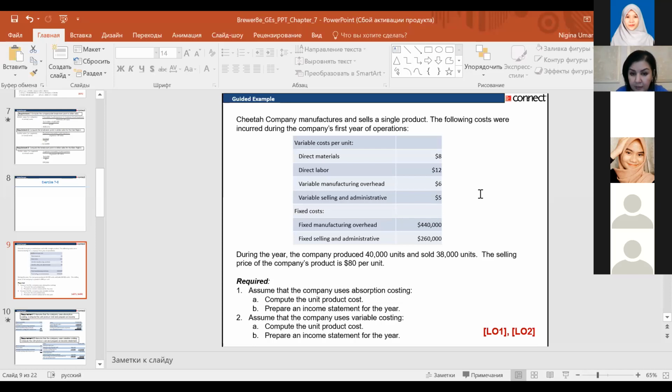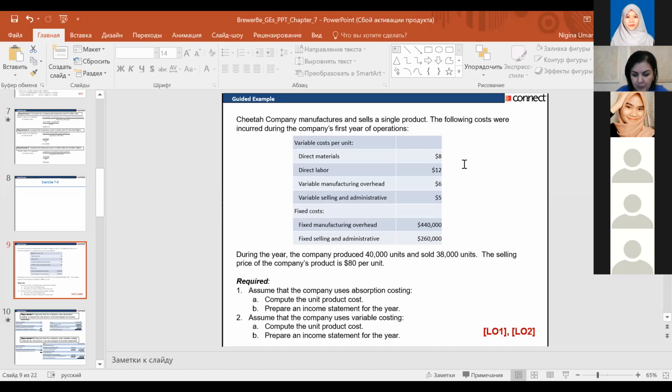440,000, I divide by the number of units produced, not sold, produced. 40,000 units have been produced. So if I divide the total by 40,000, how much is it going to be, Fabrianti? 11. Okay, now let's calculate unit product cost under absorption.